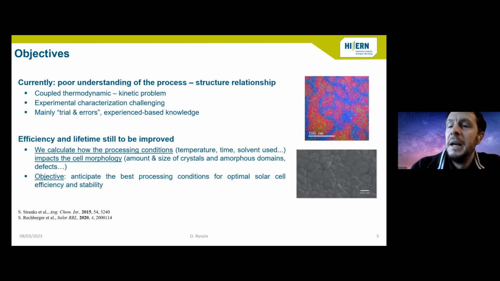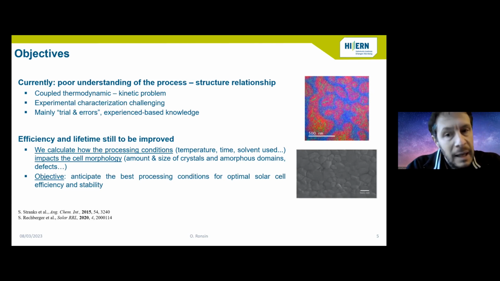You might have nice pictures sometimes like this TEM picture of a ternary OPV blend, or this SEM image of a perovskite film, but in general, you do not have all the information you would like to have. So as a consequence, the understanding mainly relies on trial and error, and the knowledge is mainly experience-based.